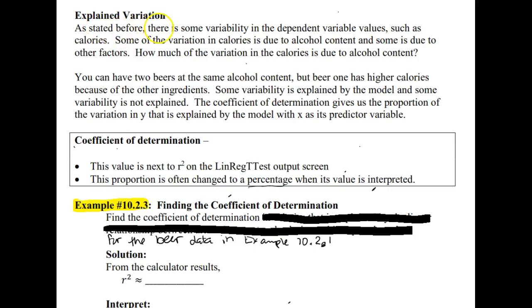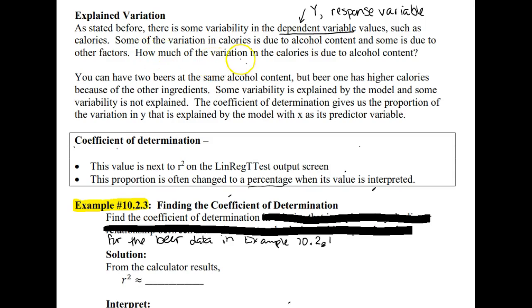So, explained variation. This is our last topic in this particular section. As stated before, there is some variability in the dependent variable values. Our dependent variable is y, also called the response variable. In this case, that was calories for us, as we were looking at the beer example.